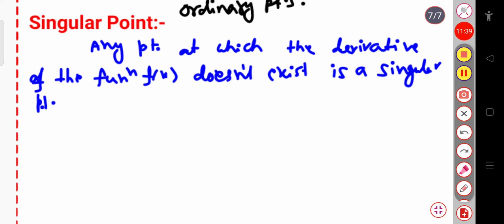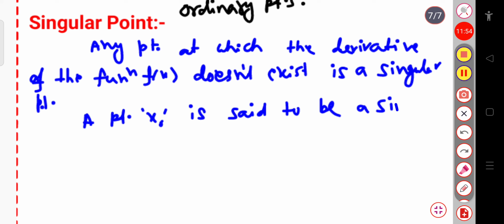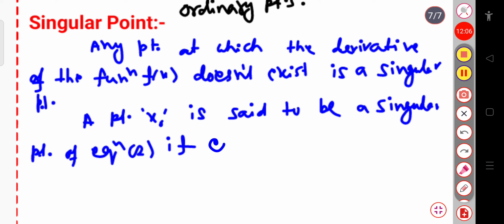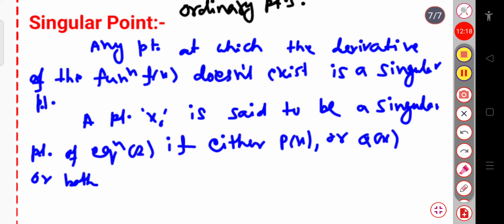Or simply we can say, a point x naught is said to be a singular point of equation 2 if either p of x or q of x or both are not analytic at x naught.